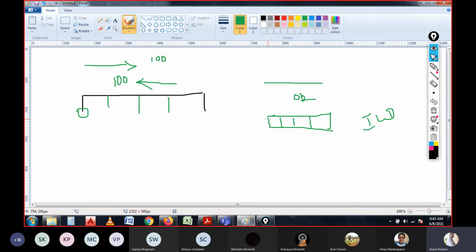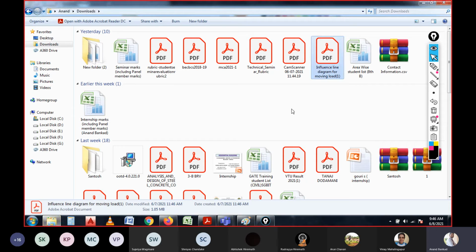There will be diagonal members, an upper chord member, and a bottom chord member. So there are three types of members to calculate the stresses included in the member. That will be calculated by referring to the influence line diagram. So I will just show that.